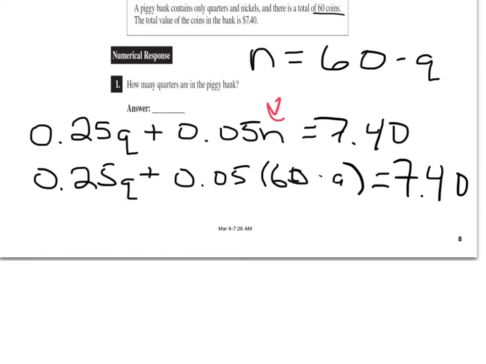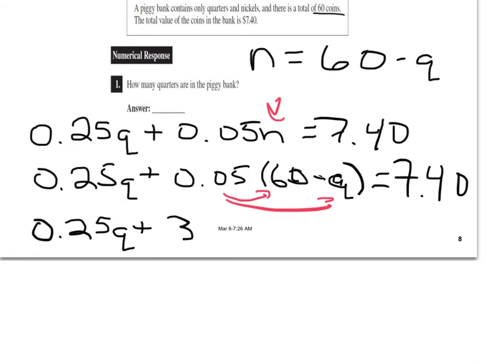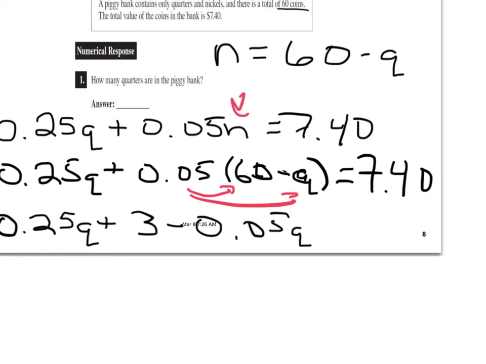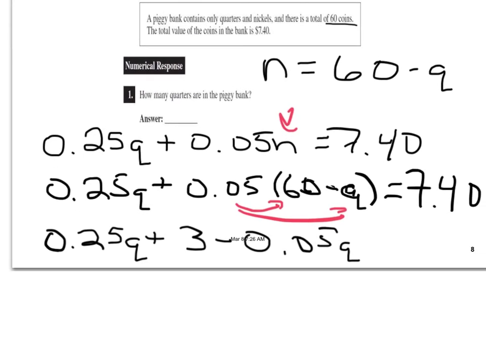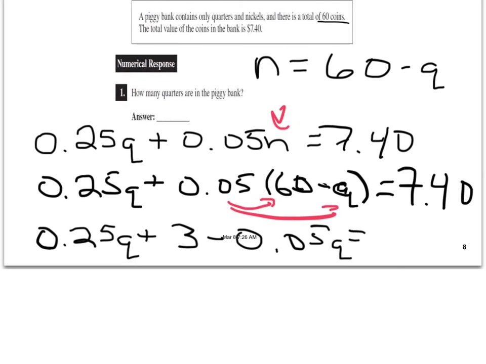Let's clean this up. So multiply through both brackets, so 0.25 q is still there, plus 0.05 times 60 is 3, and 0.05 multiplied by a negative q will be minus 0.05 q, and all of it will still equal $7.40.